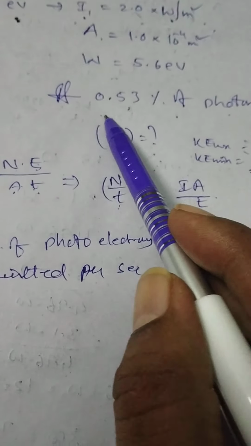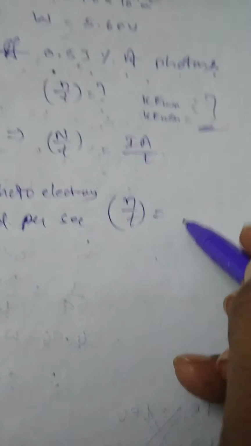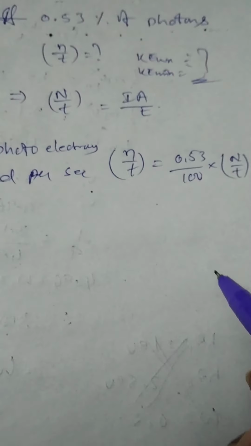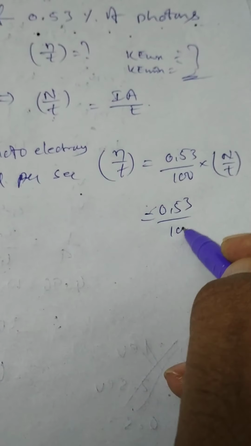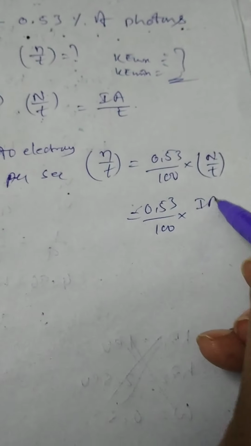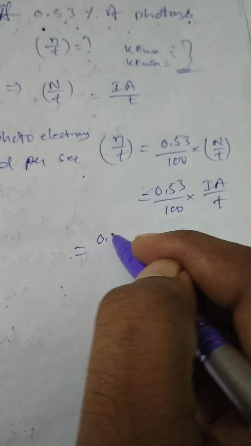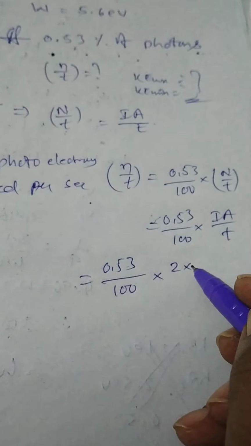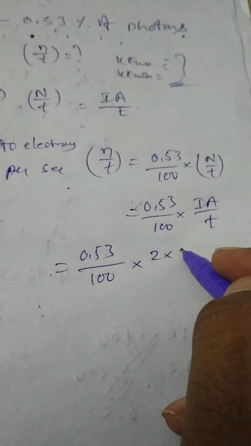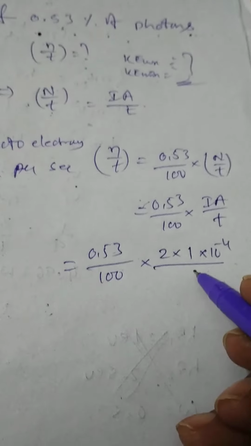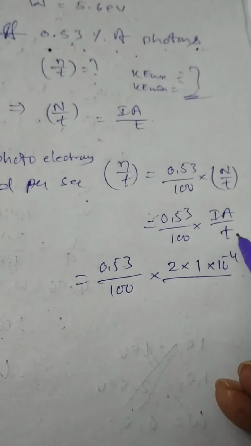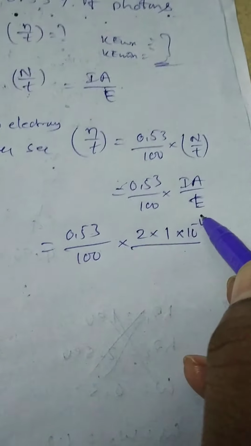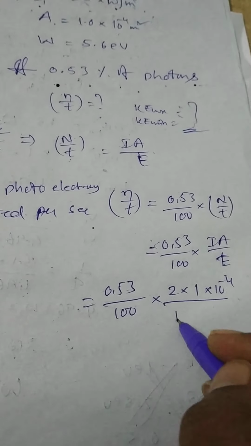Only 0.53% of the incident photons eject the photoelectrons, which means small n by t is equal to 0.53 by 100 into capital N by t, which is 0.53 by 100 into I A by E. I is equal to 2, area is equal to 1 into 10 power minus 4, and E is the energy of the incident photon, 10.6 electron volts.